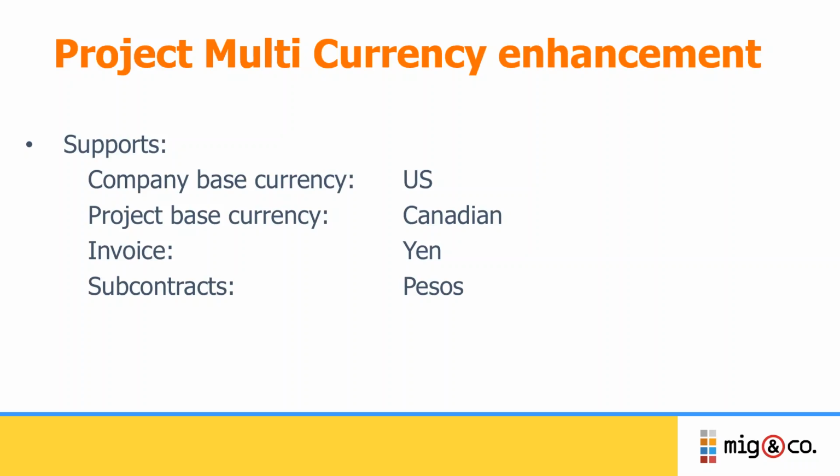So if you have projects across the border in Canada, you can use one company to give you the vision of doing work in U.S. currency or other currencies that you need to.